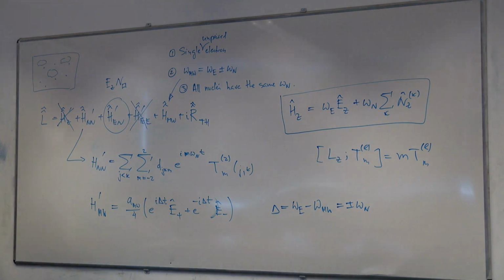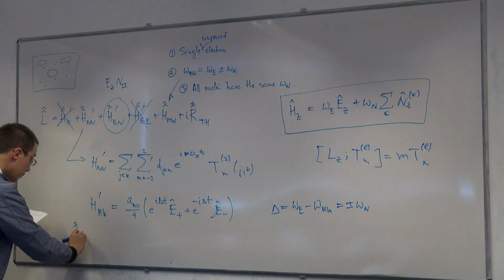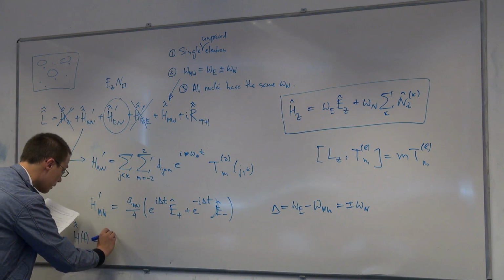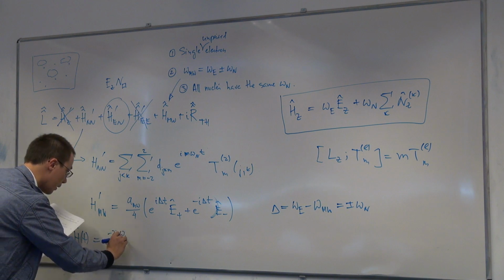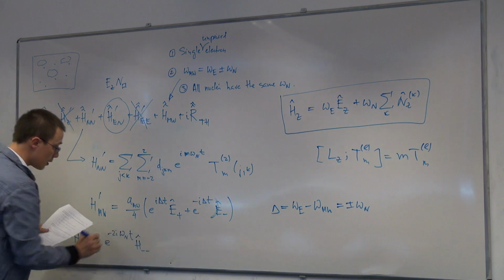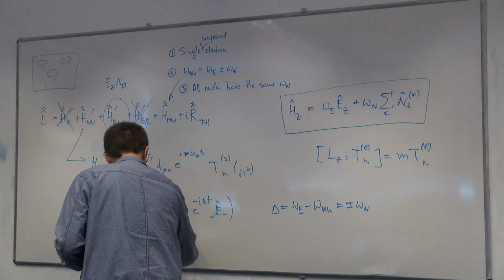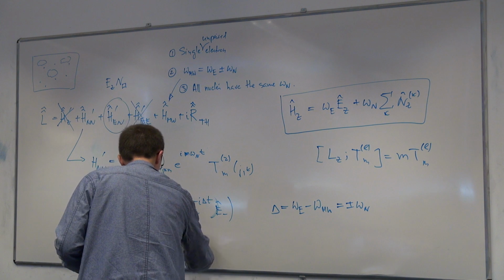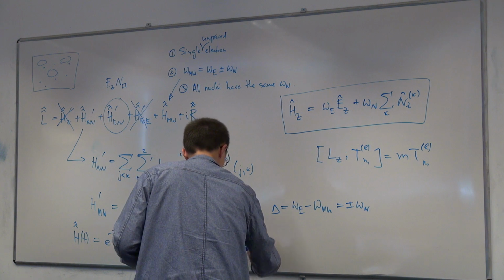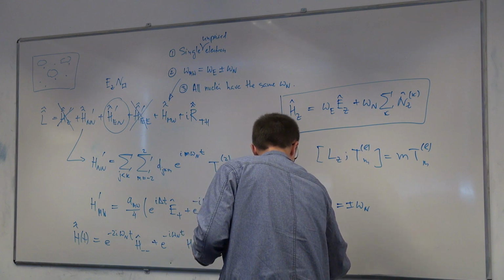Ultimately what we are left with is a Hamiltonian H in our rotating frame which has 5 terms: e^{-2i omega n t} H minus minus, e^{-i omega n t} H minus, H naught, e^{i omega n t} H plus, and e^{2i omega n t} H double plus.